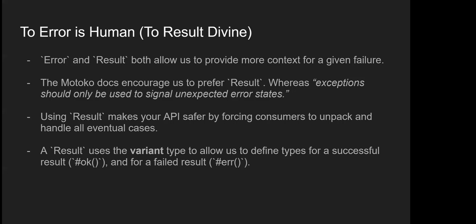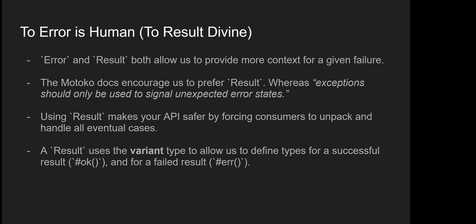Next up, we'll take a look at the remaining two options for error handling, which would be errors and results. So the good news with both of these is that they provide us a way to give more context on a given failure. The Motoko official docs encourage people to prefer the result type.